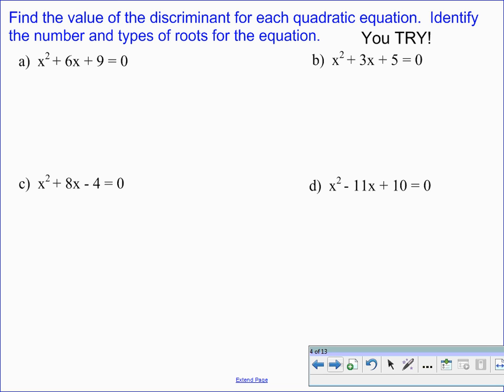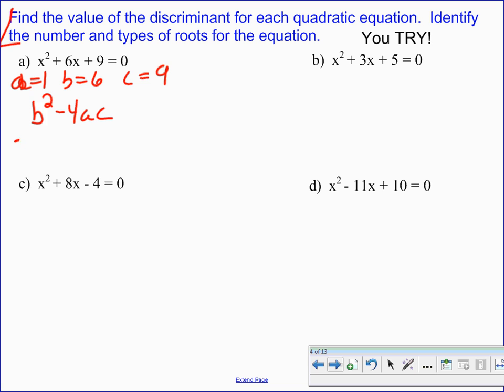So let's try this. Now we are going to find the value of the discriminant only. We're not going to solve the equation. So A is 1, B is 6, C is 9. All we're looking for is the discriminant, b squared minus 4ac.